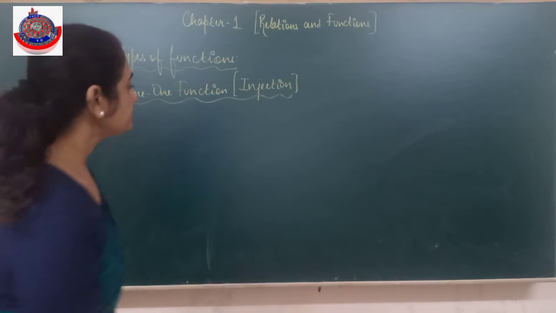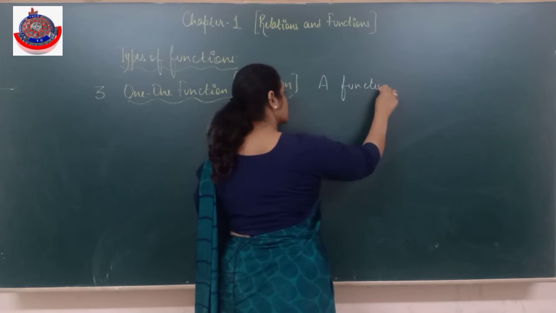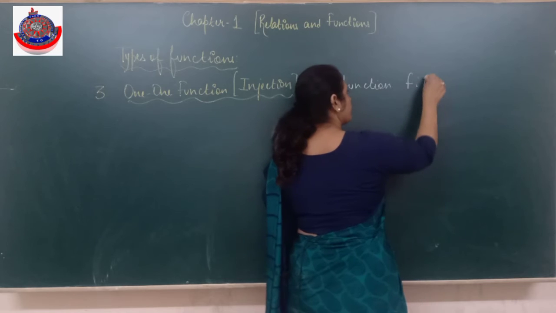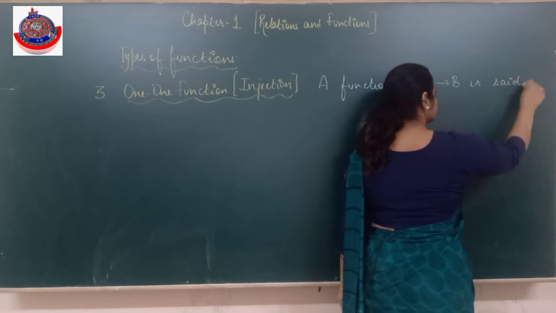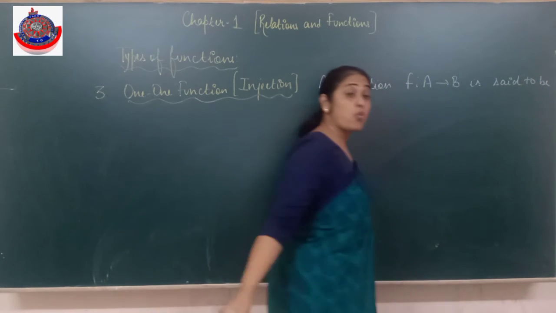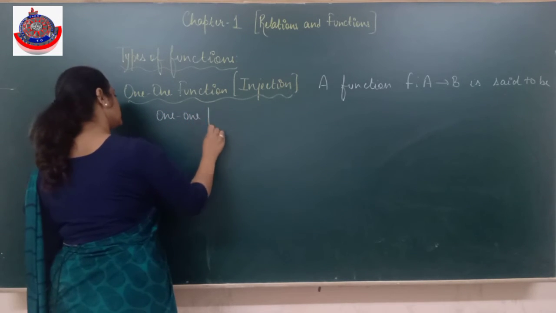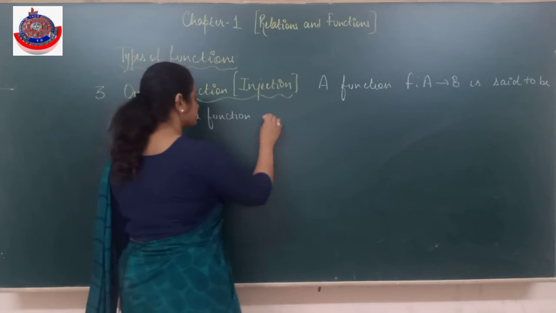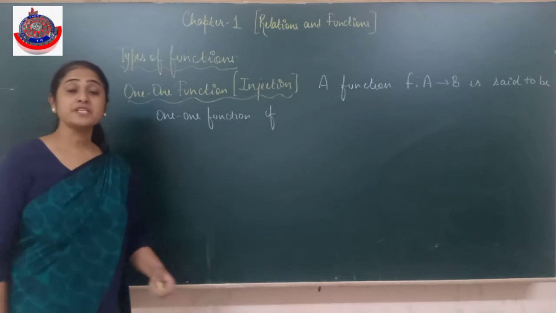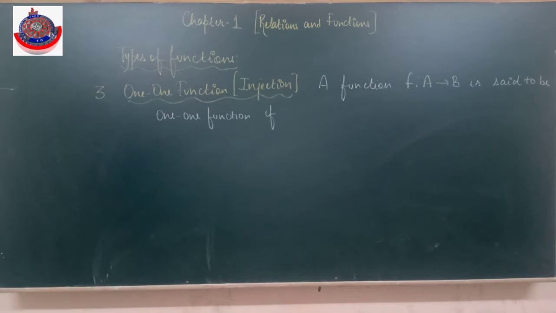A function f from set A to B is said to be, very clear from the name, a 1-1 function if different elements of set A have different images in set B.